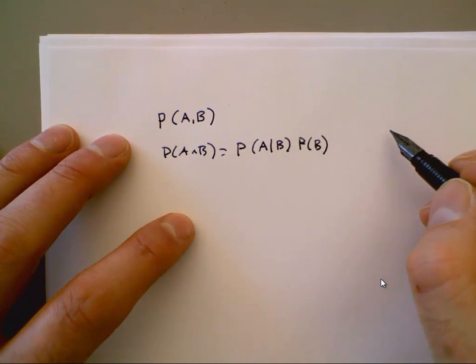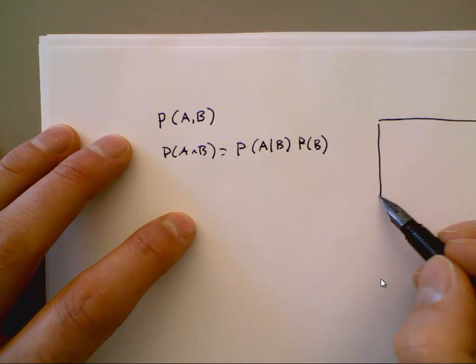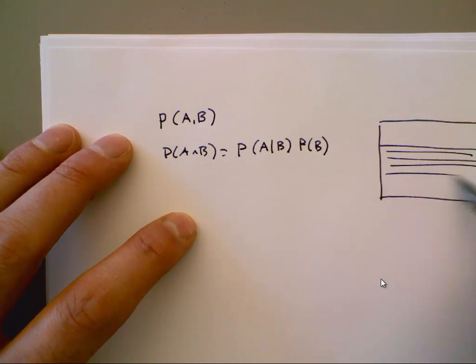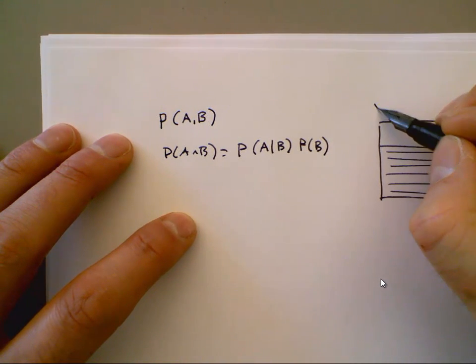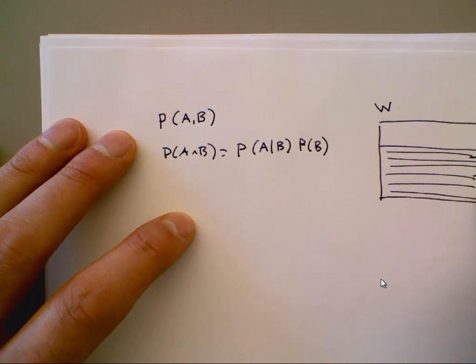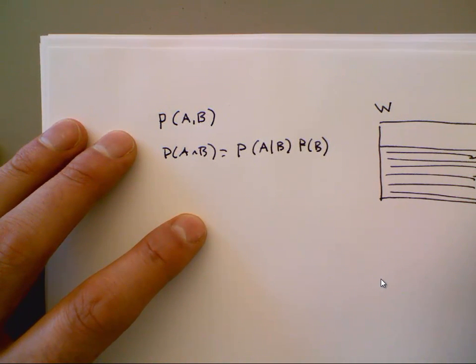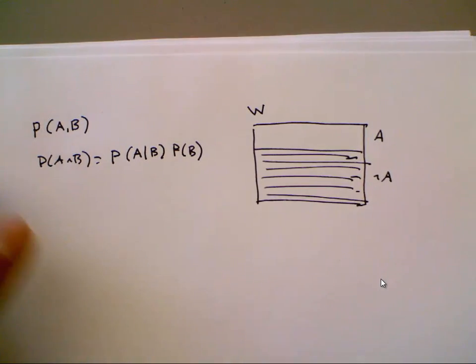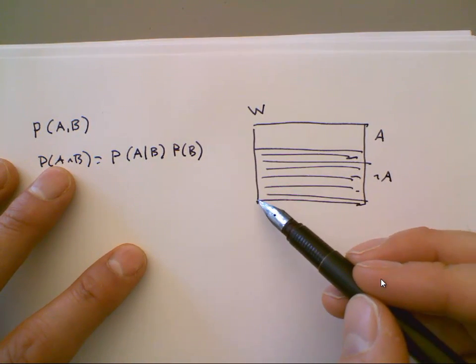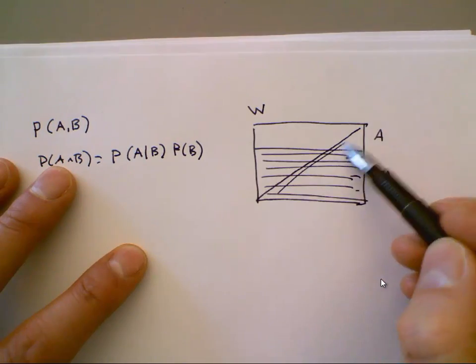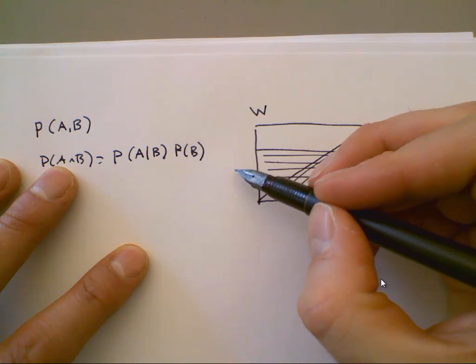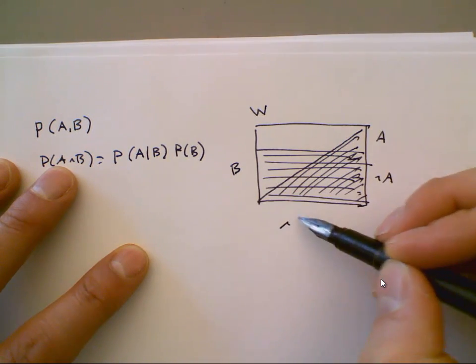Everyone remember conditional probability? I think we had a picture a while back where this big rectangle is the whole world, the whole probability universe, and maybe this is where A is true and this is where not A is true. And maybe over here B is true, and over here not B is true.